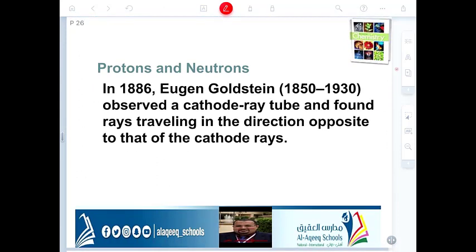Okay, how did they discover the protons and the neutrons? We have a scientist called Goldstein. Goldstein observed the cathode ray tube, as I said before, and he found that in the opposite direction of the cathode rays there are other rays, but positive.